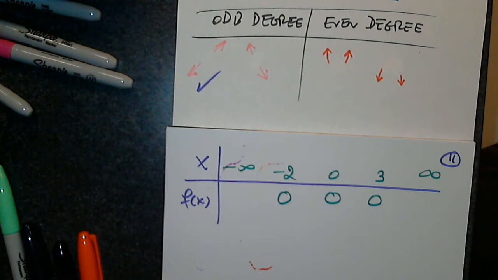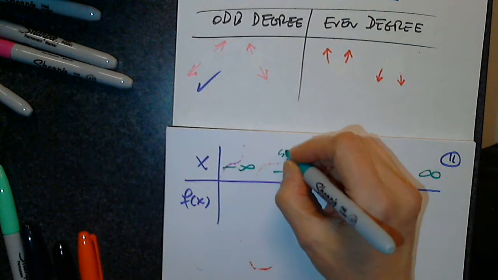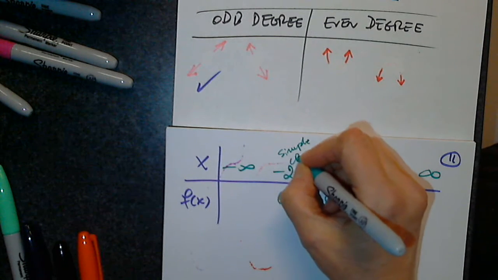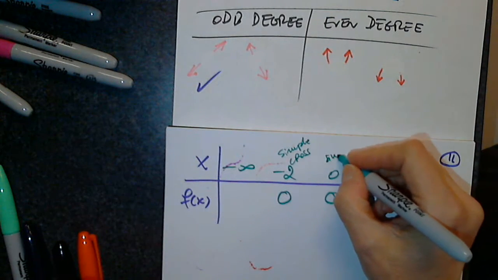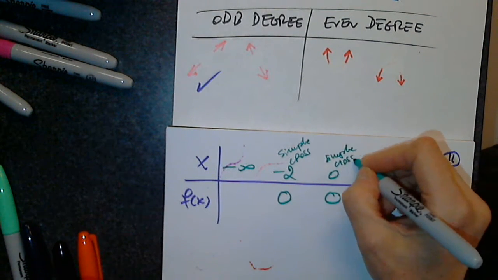Then I write myself a note. You write whatever you want. I'm going to write simple cross, or straight cross, or use whatever you want to use. It's just a reminder for me, so I don't forget it's a straight cross. There is no wiggling room there. Simple cross.